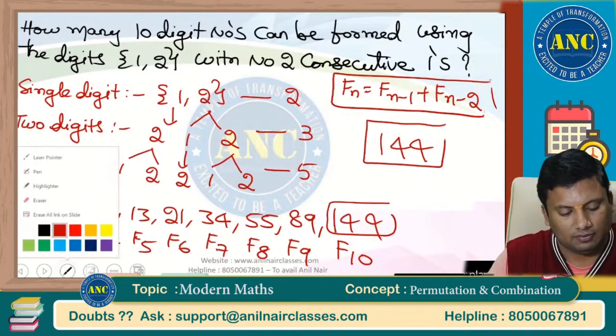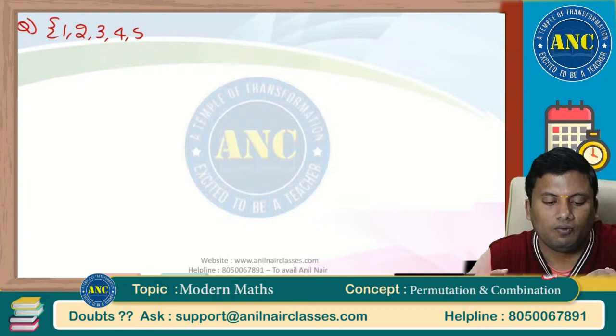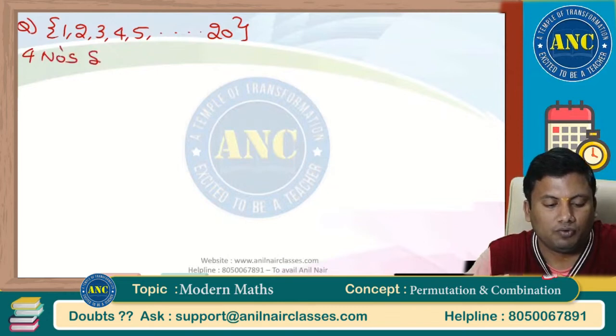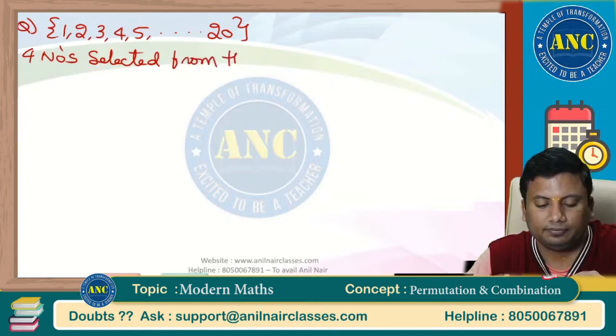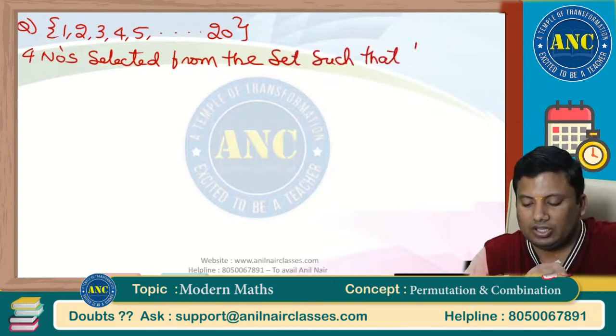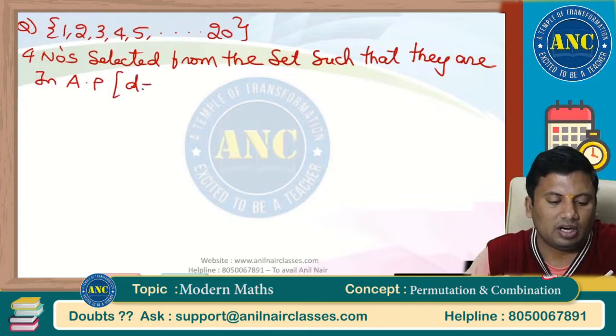Not only this, you can also solve problems like this. Suppose there is a series 1, 2, 3, 4, 5 till 20. 4 numbers should be selected from the set such that they are in arithmetic progression, with D not equal to 0.